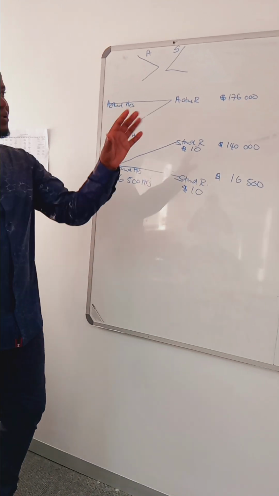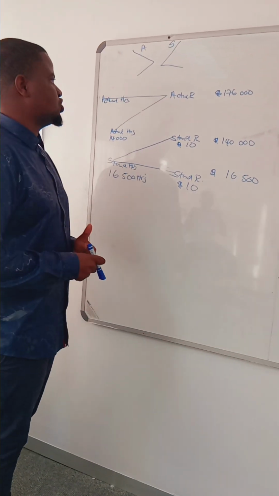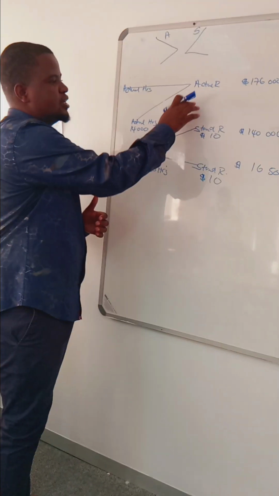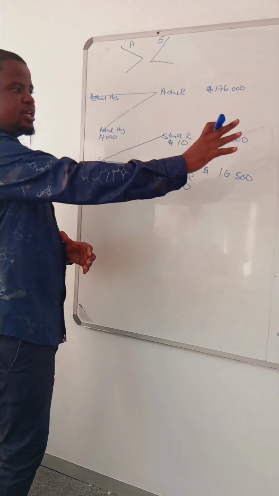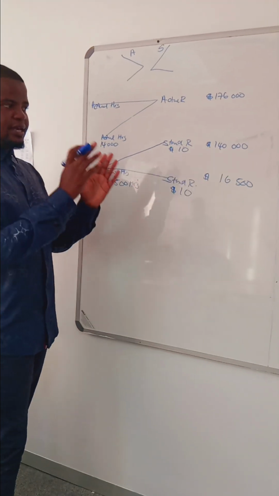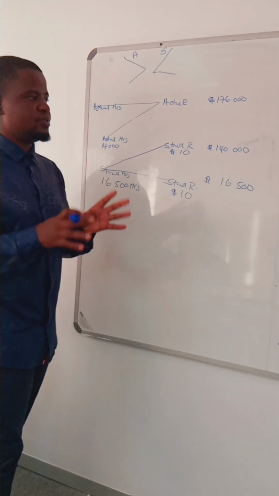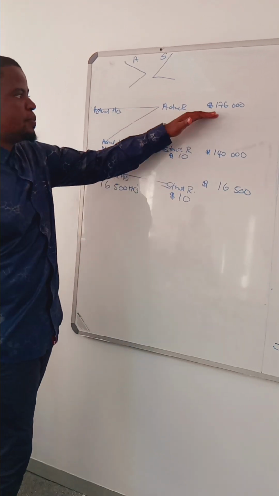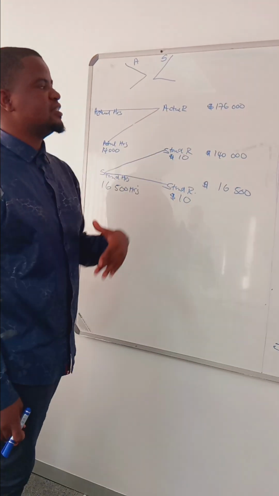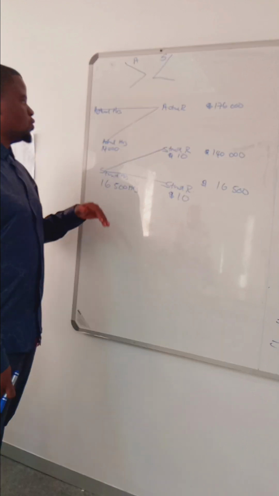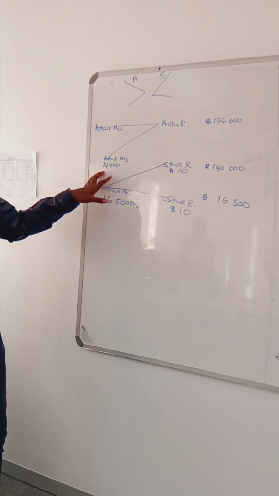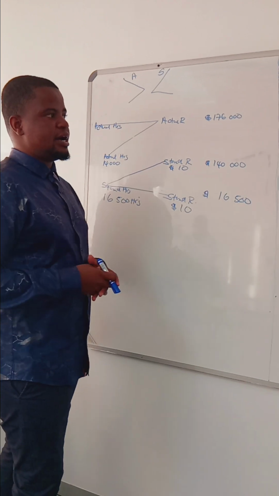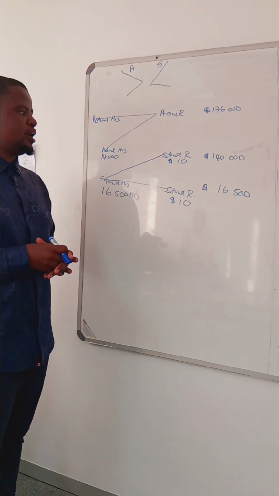From our question, what is the actual hours and the actual rate? There is no need to calculate it because they already gave us the full amount they paid for the actual production: 176,000. The actual hours is 14,000 hours. Then what is the standard rate? The standard rate from our question is $10 per hour.